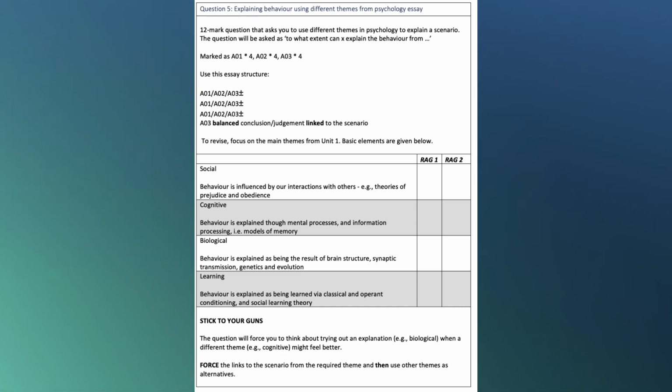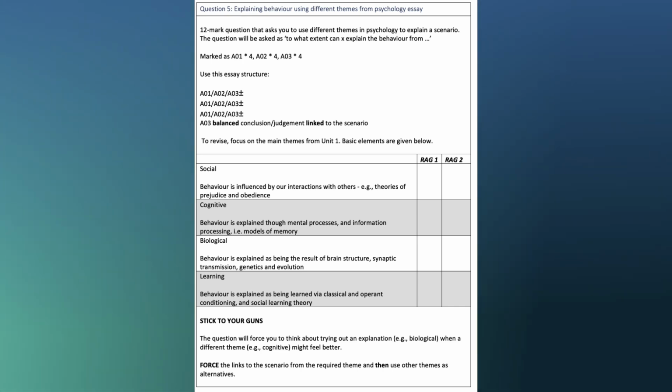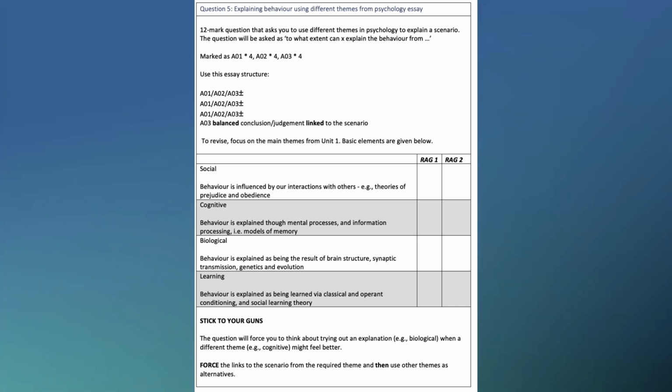It'll always be something of that nature. Nearly always it's an evaluate. It's always AO1 4 marks, AO2 4 marks, AO3 4 marks, so it's always got that structure.